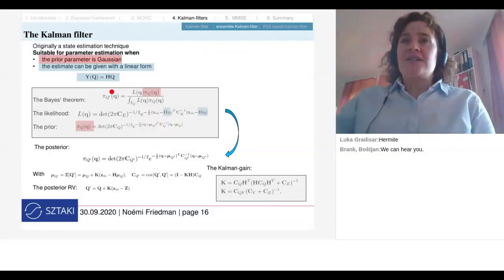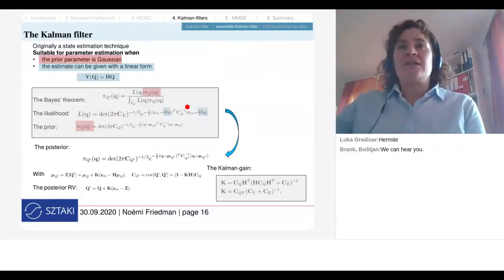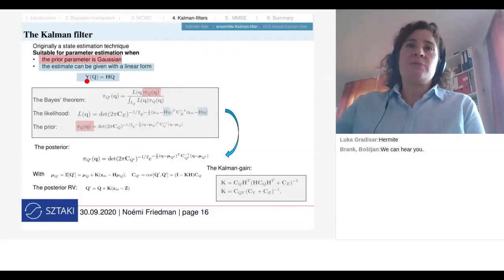Okay, so I have here the same thing that I had before, where this is my likelihood and this is my prior distribution. And now what I suppose is the following, that my observable Y can be written with a linear map. So this is a matrix H, which is the observation matrix.